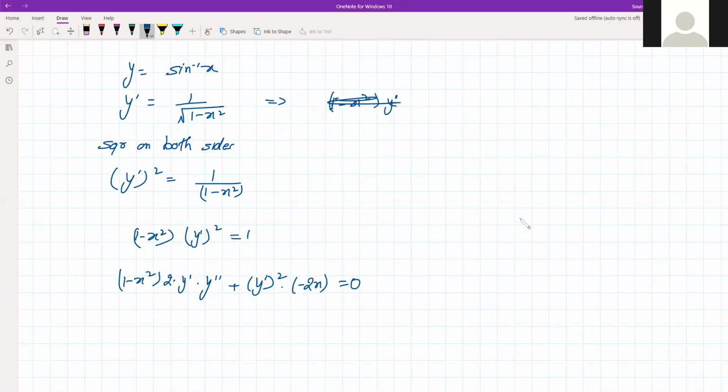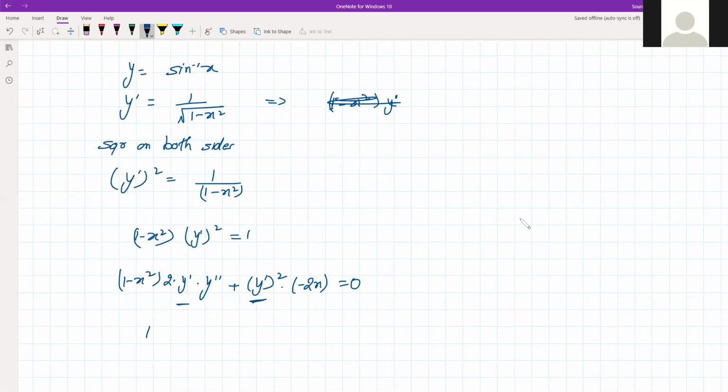Again, if we solve this, we have y dash. Here there is 2y dash, here there is only 1y dash, so y dash can be taken as common, and in the first term you will have only y double dash.